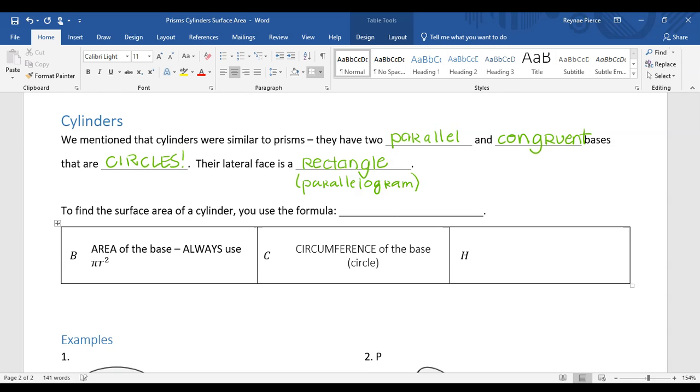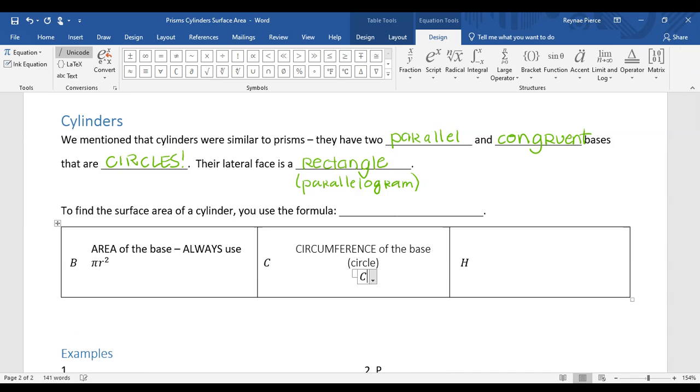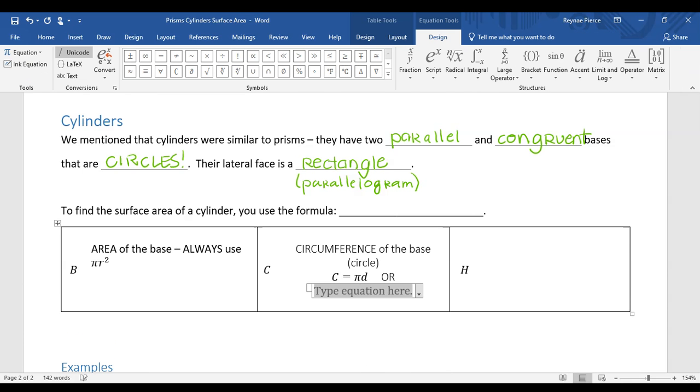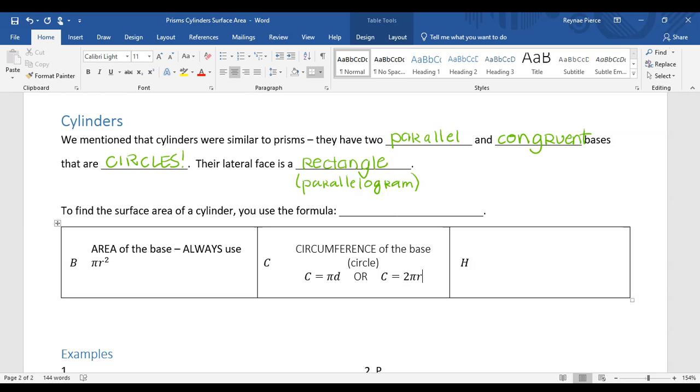Okay, and remember, circumference can be 2 things. We can either take pi times the diameter, or we can do 2 pi times the radius, depending upon which piece of information we're given.